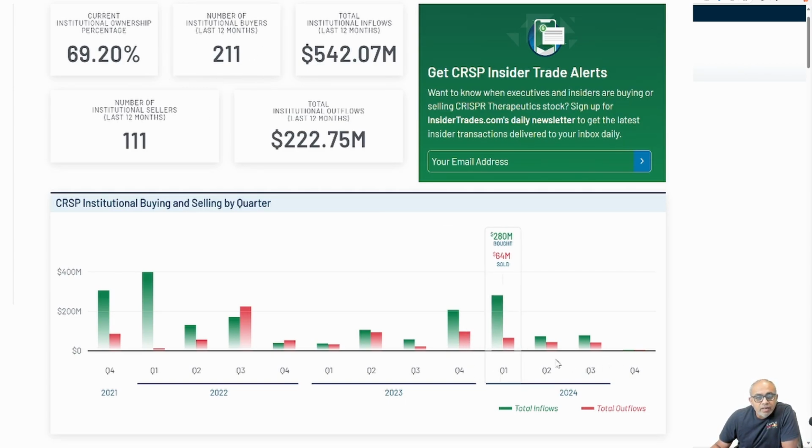And if you look at the chart out here where the green bar shows total inflows and the red bar shows total outflows, throughout the history of CRISPR Therapeutics, there has been mostly more inflows rather than outflows. The only time I think when the outflows were more than inflows was in Q3 of 2022 and Q4 of 2024. After that, it has always been net inflow. So that's again another positive that I see out here.